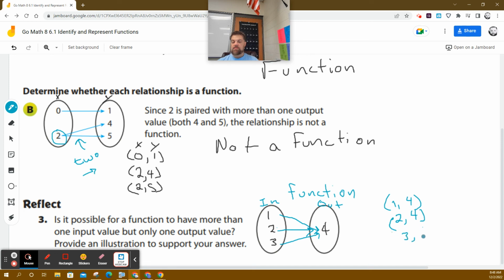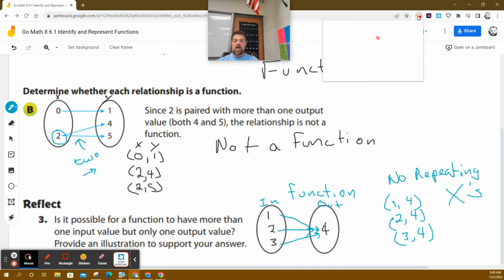But that's okay because there's no repeating x's. So there's a single arrow and no repeats on the x's. Does that make sense? So I'll leave that.